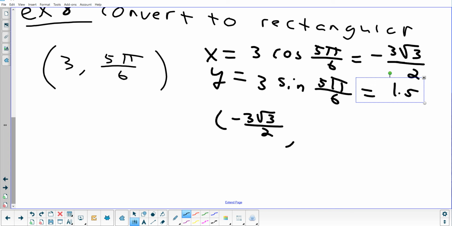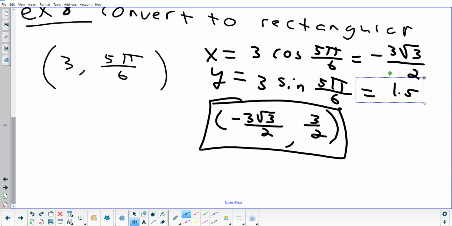And the y value, if you want to keep it as a fraction like everything else, 3/2. And that's it. So the two special numbers that are going to come up when you do a point like this are root 3 over 2 and root 2 over 2. But that's only if you have an angle that's a multiple of 30 or 45.